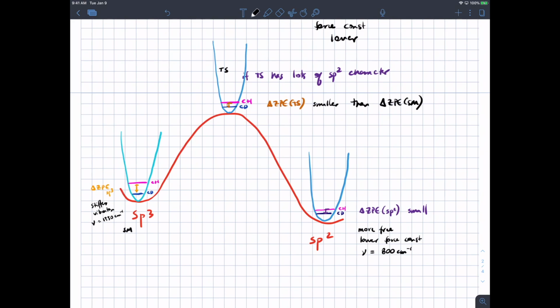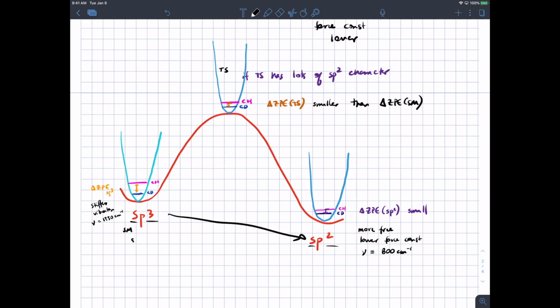Okay, so in that case, we might observe a kinetic isotope effect, a secondary kinetic isotope effect. All right, so this is for going from sp3 to sp2.